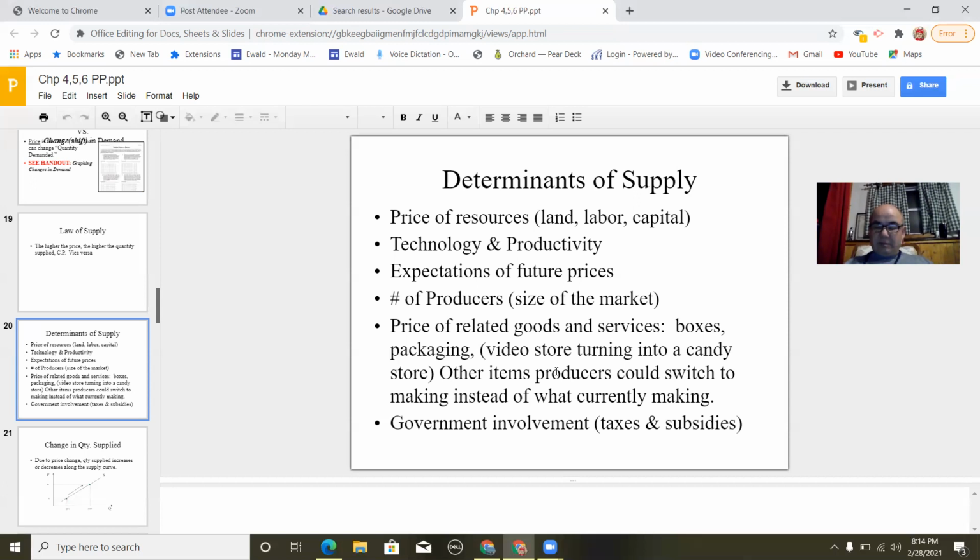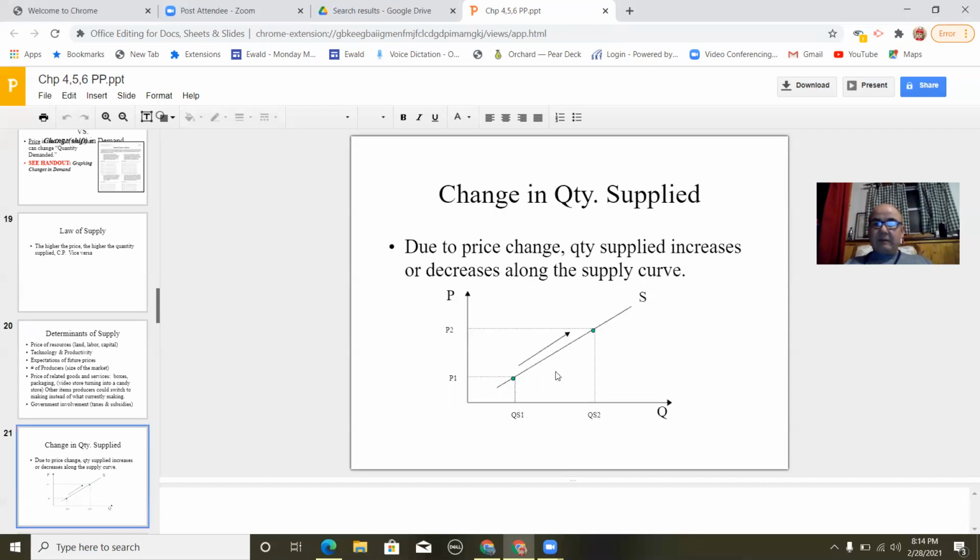So just like with demand, we have to be careful with our terminology. Change in quantity supplied versus a change or a shift in supply. Change in quantity supplied is simply at a snapshot in time, any level of supply. If you raise the price, here's of course P over here on the left, it is going to provide a quantity supplied of Q1, QS1.